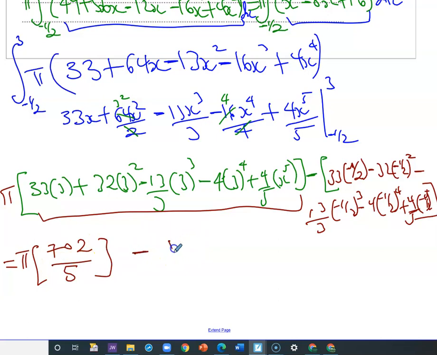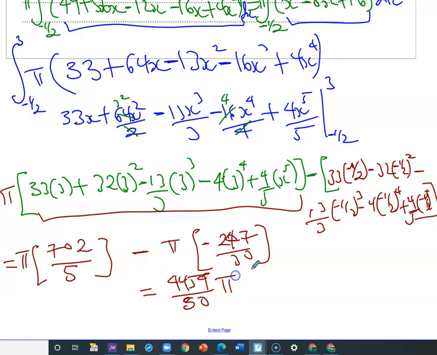And then subtract the right-hand side, which should give you -247 over 30 pi. That put together should give you 4459 over 30 pi as your answer, which in decimal form should be 466.94.